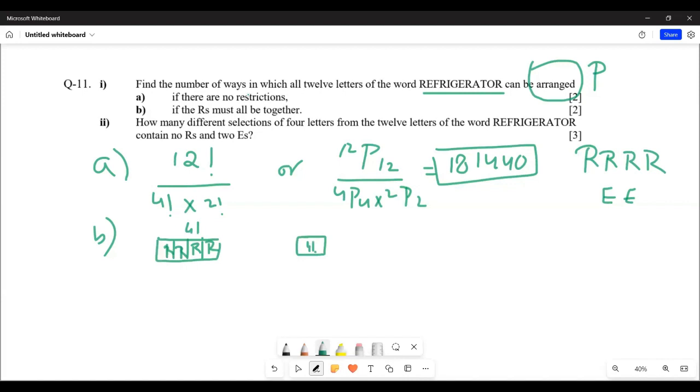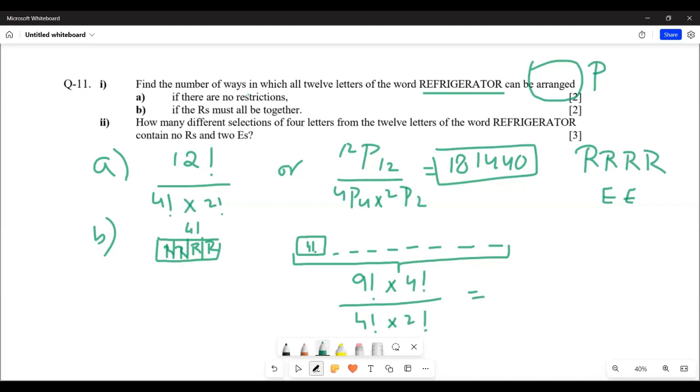Okay, so if we remove 4 R's from the list, then we have 8 more left. So 1, 2, 3, 4, 5, 6, 7, 8. 8 of the other alphabets, and this is considered as one alphabet. So that's going to be 9 factorial or 9p9. 9 factorial times 4 factorial, and then considering the repetitions, 4 R's are being repeated and 2 E's are being repeated.